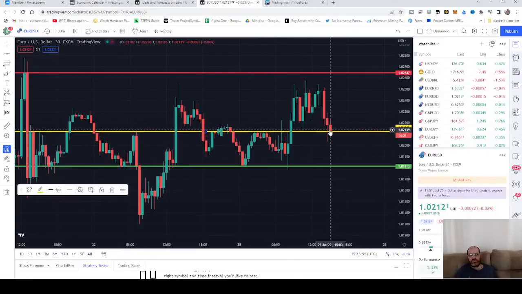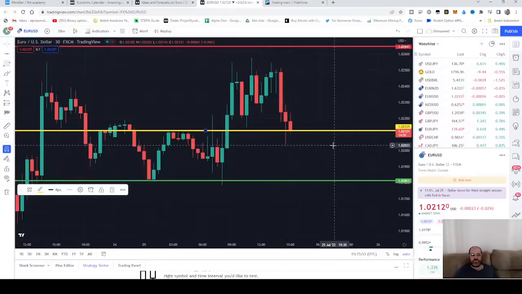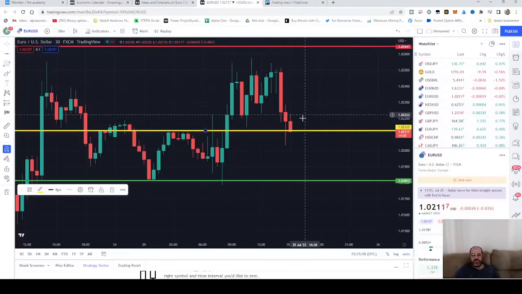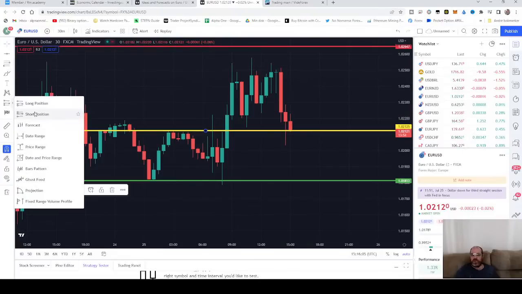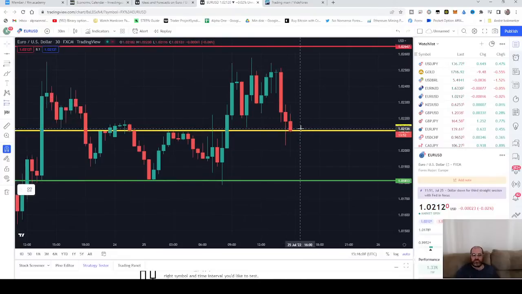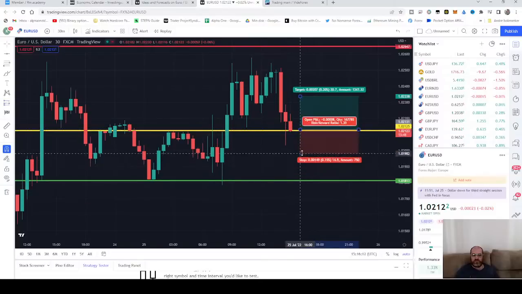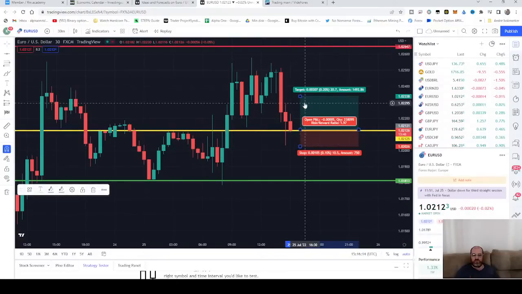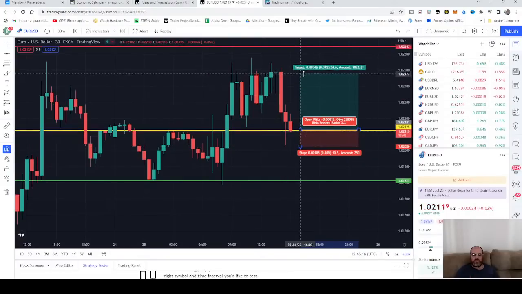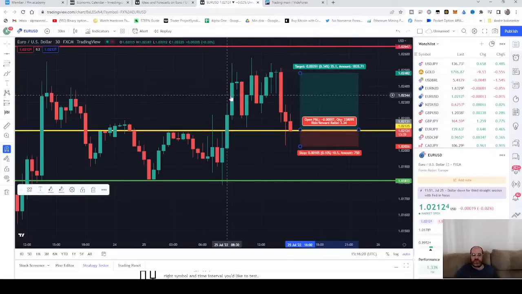So what you want, if this bar here now in 14 minutes, if this one can close above this region here, then we can look for a long trade. So let's say now we close above here, then we can take a stop loss right below there and go for the upside.